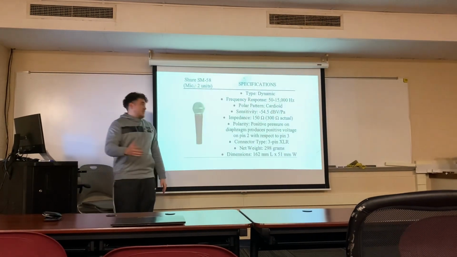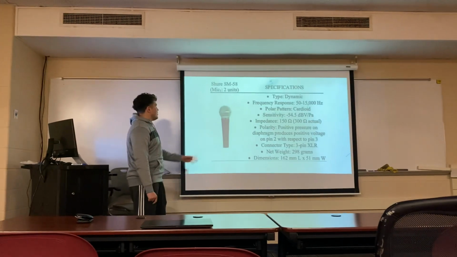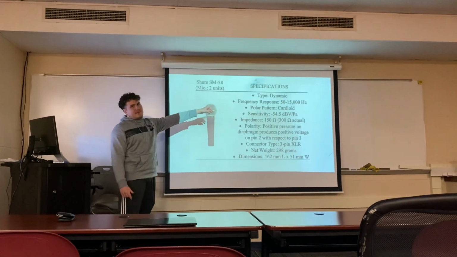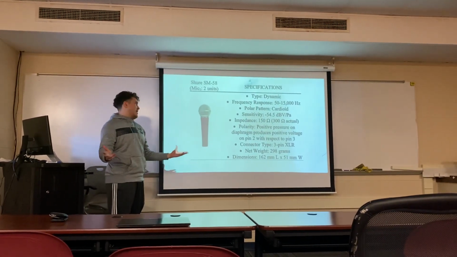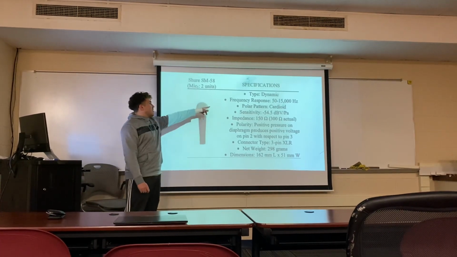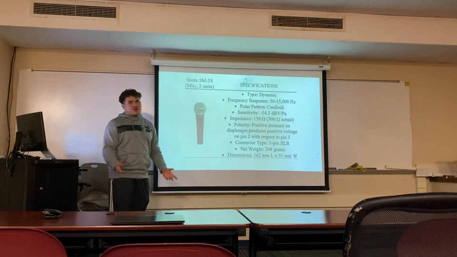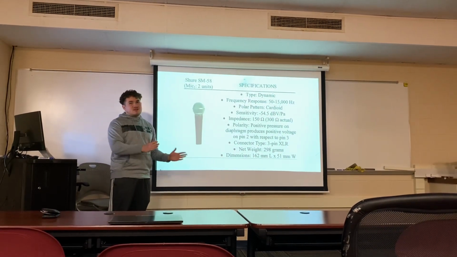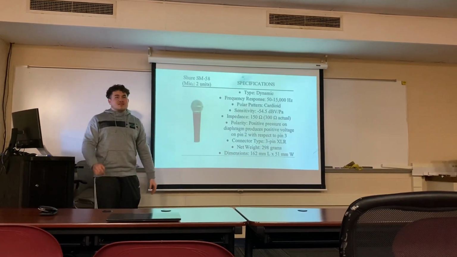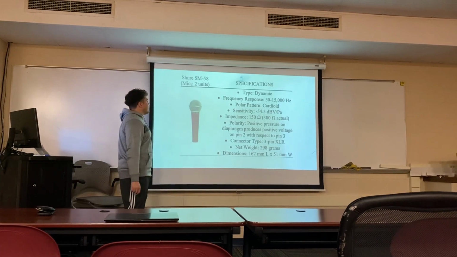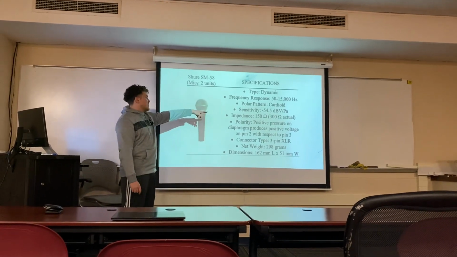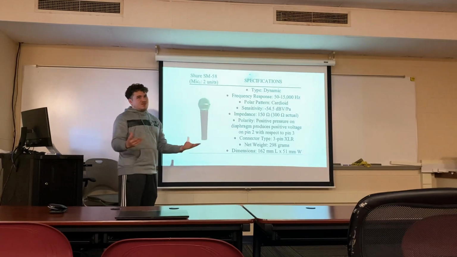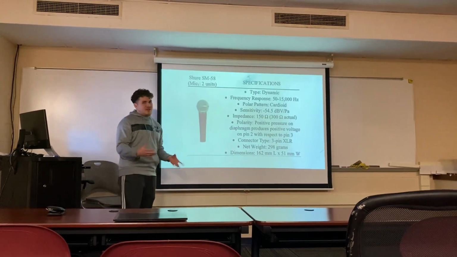So here's the actual specification. Here's your moving coil dynamic. It says type dynamic. That's just a short version of moving coil dynamic. Frequency response is between 50 and 15,000 hertz. The actual audio frequency response is between 20 and 20,000. That's your audible frequency. Polar pattern and sensitivity have to do with the diaphragm and the way it moves.